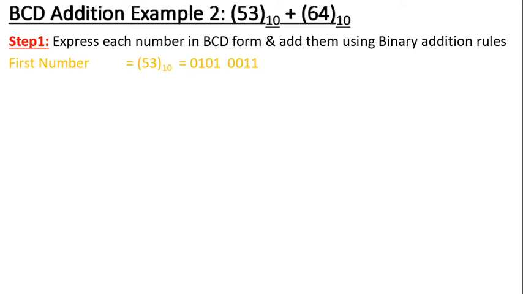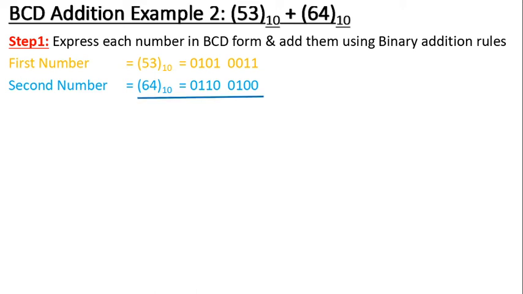Each digit of that decimal is expressed in 4-bit binary form on the right side, and that is equal to 0101, 0011. Similarly, the second number 64 decimal is equal to 0110, 0100. And then the addition is to be performed by using binary addition rules, in a bit by bit manner on those binary expressions, right from the LSB bit.